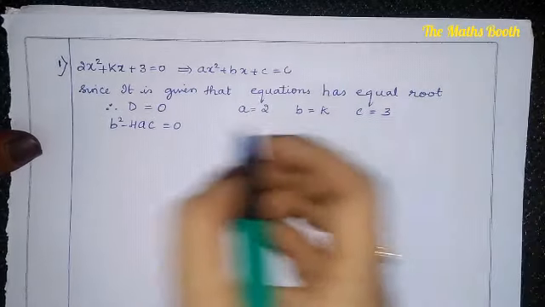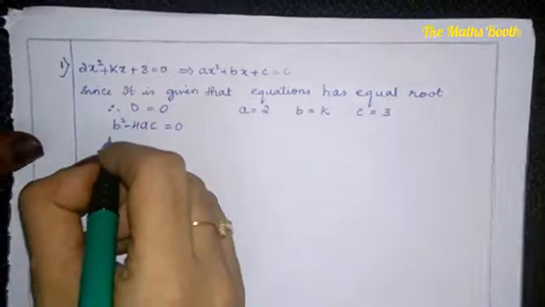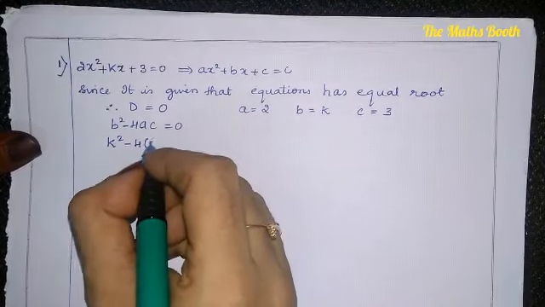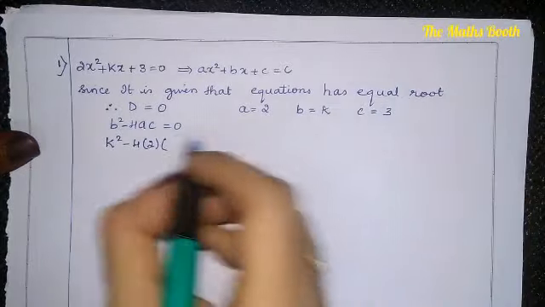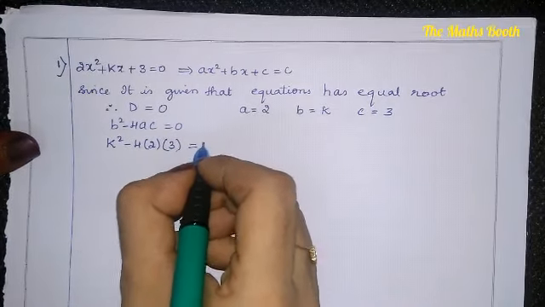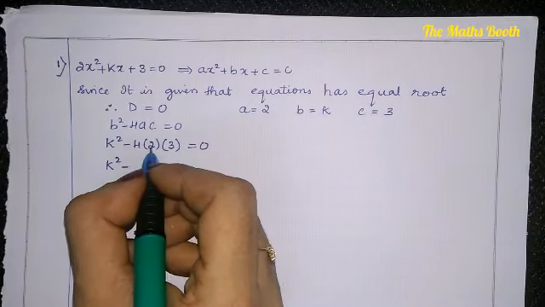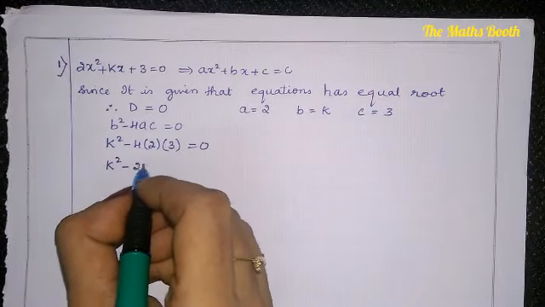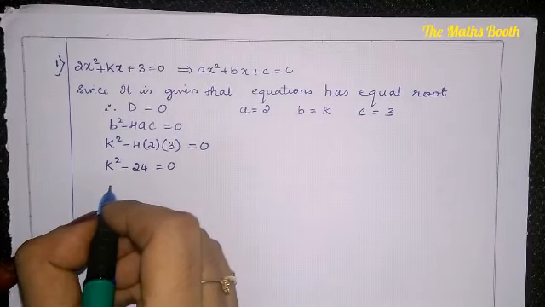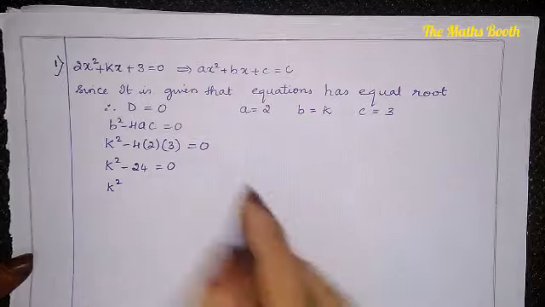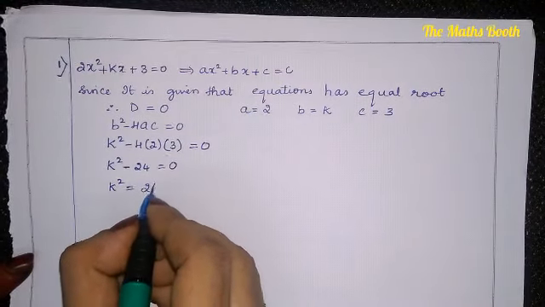So let us now substitute in this. B value is k square minus 4 into a value is 2 into c value is 3 equal to 0. K square as it is minus 4 2s are 8, 8 3s are 24 is equals to 0. K square, if we take that side it becomes plus, is equals to 24.